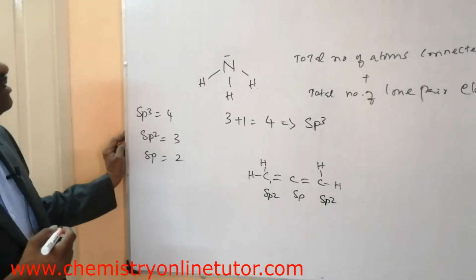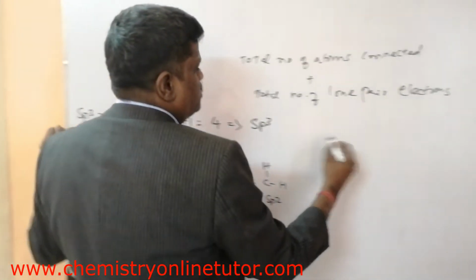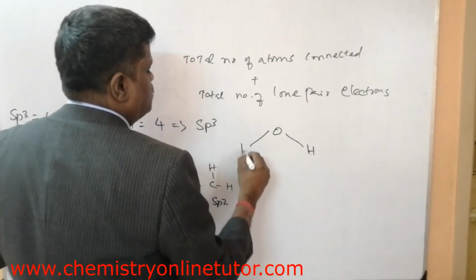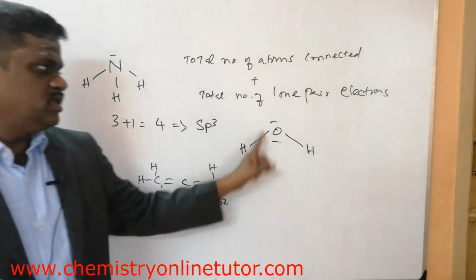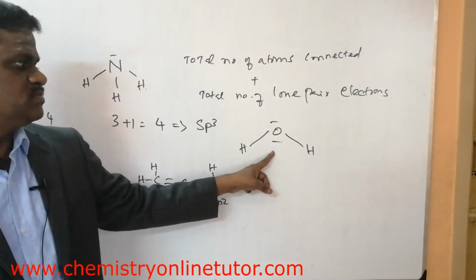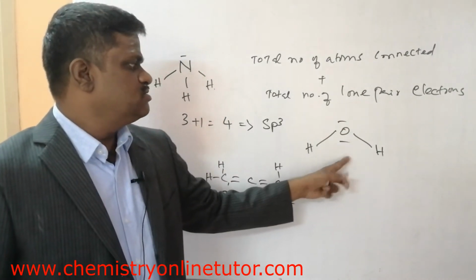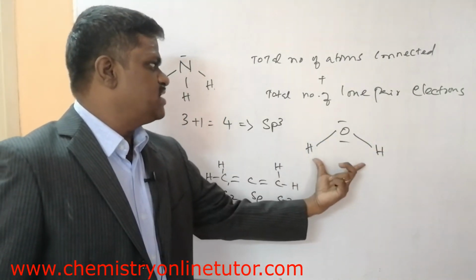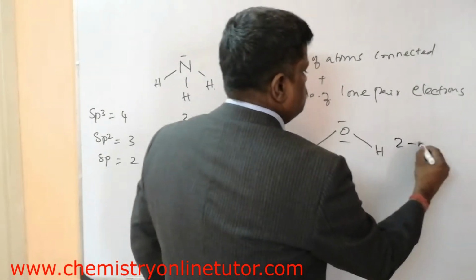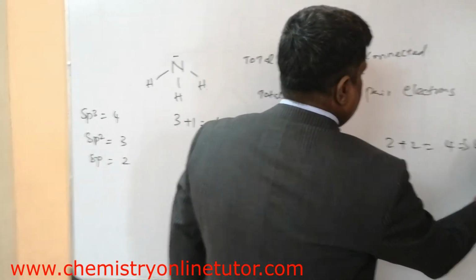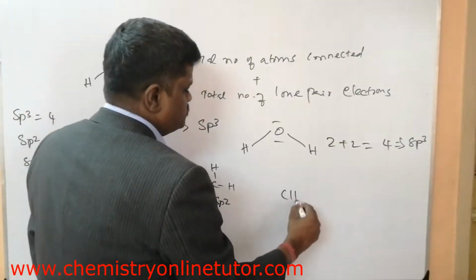Let me take some other example. This is water. Find out the hybridization of this oxygen. How do you do it? 2 lone pair electrons, and 2 atoms connected. That means 2 plus 2, 4, which gives sp3. What about this one?